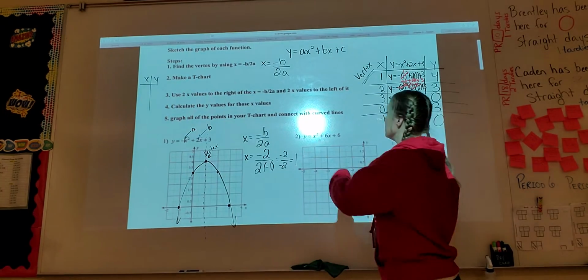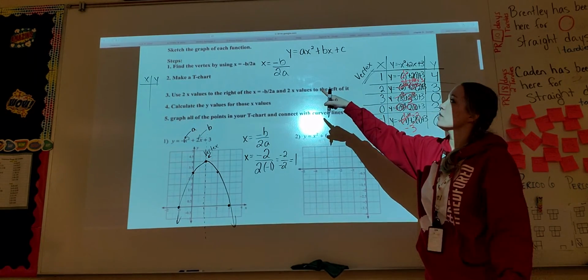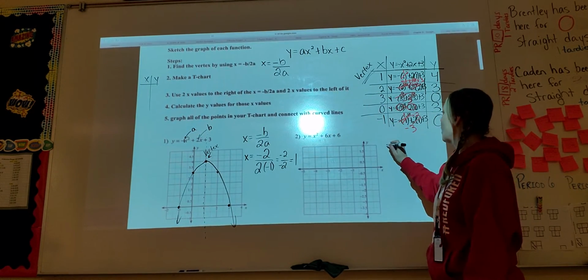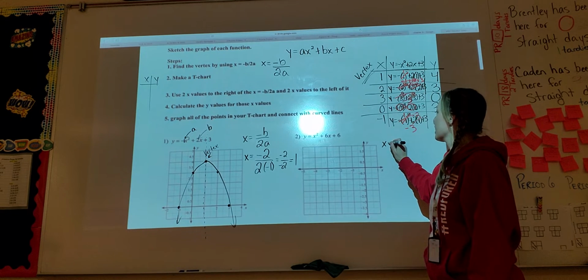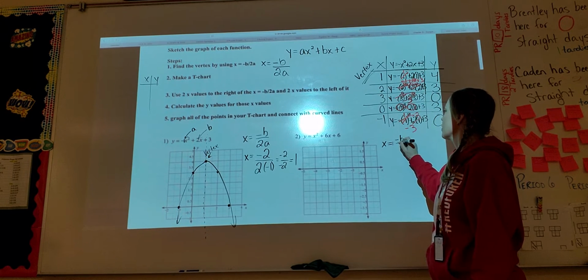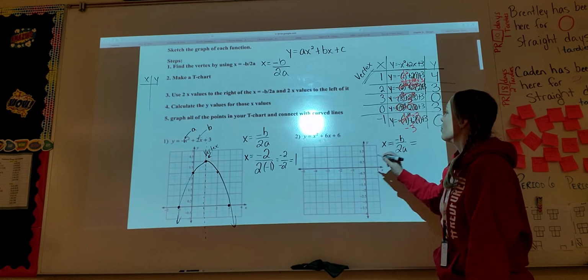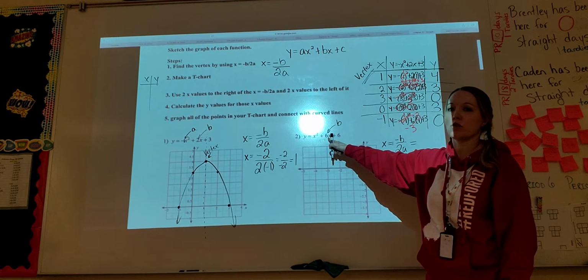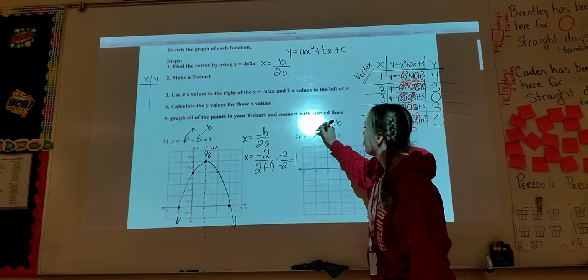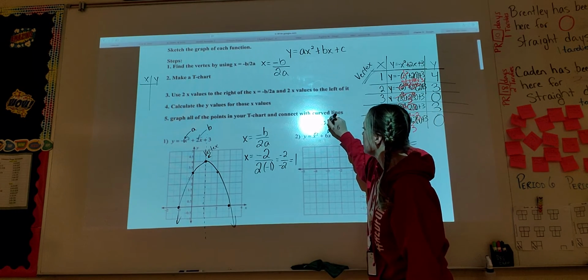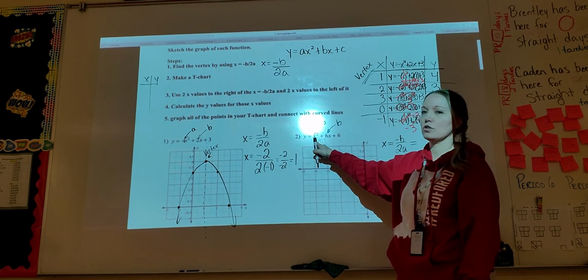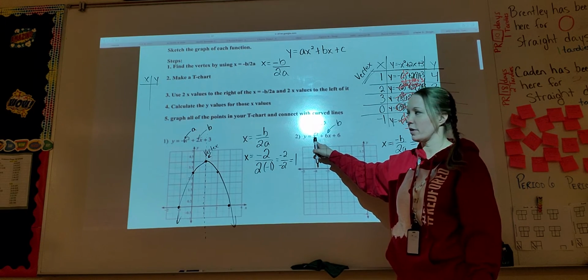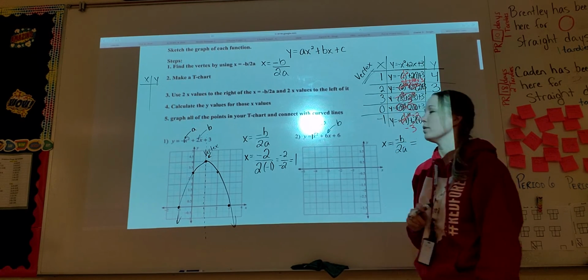So number 2. Again, the very first thing is to find your vertex. So my vertex is at x equals -b over 2a. My b is right there in front of my x, the coefficient of x. And my a is the coefficient right in front of the x squared. Well, there's no number there, but it is the number 1.